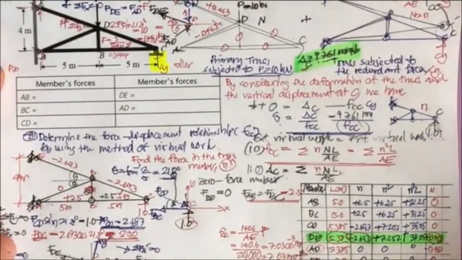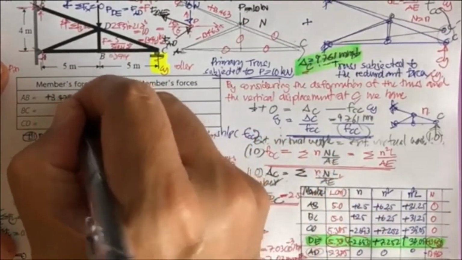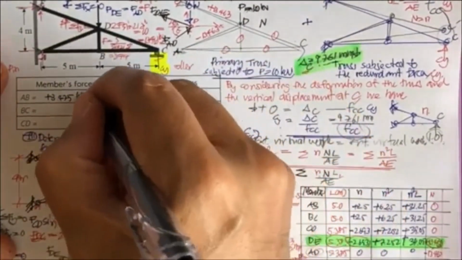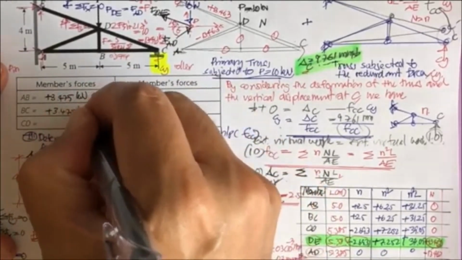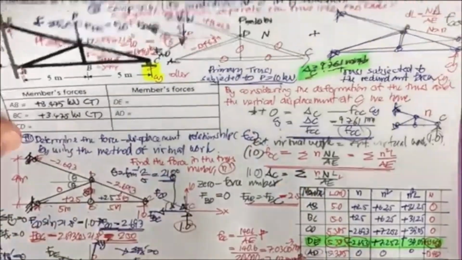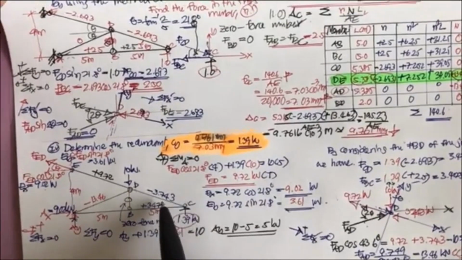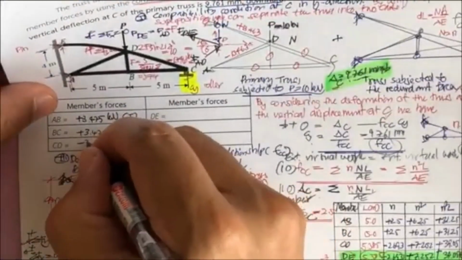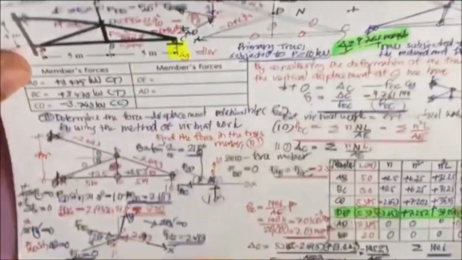Okay, and then you will have this one for plus 3.475 kilonewton in tension. This also 3.475 kilonewton in tension. And for the CD, minus 3.743 kilonewton and in compression.